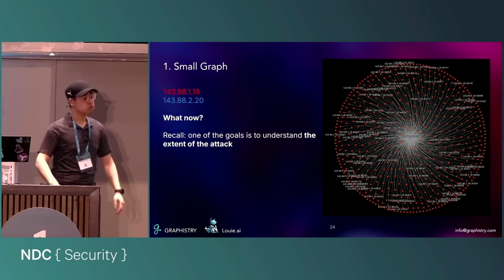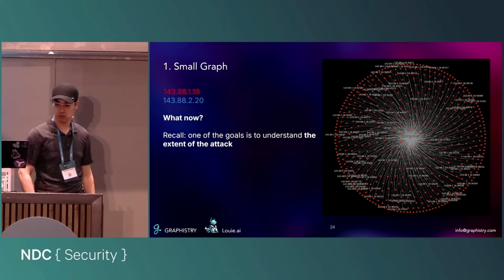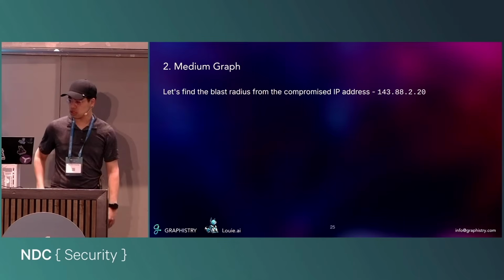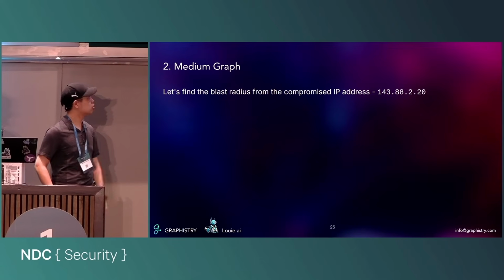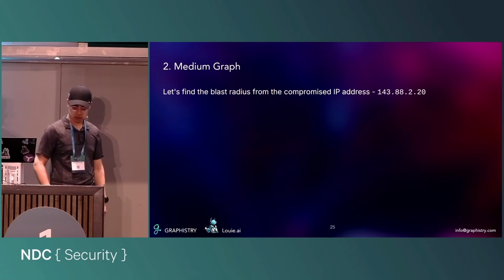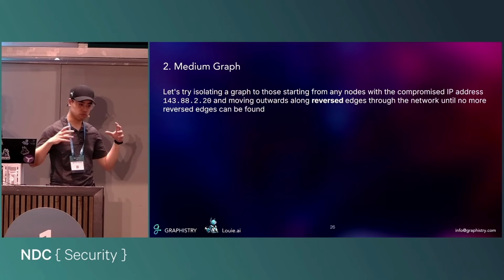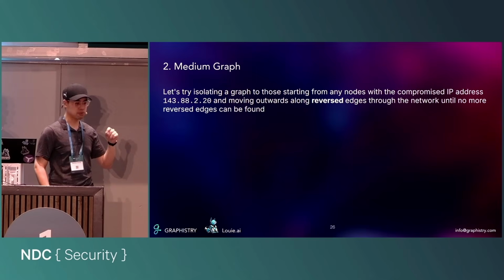So what now? We said that one of the goals is to understand the extent of the attack. One way we can do that is to find the blast radius from the compromised IP address, by isolating the graph starting from any nodes with the IP address of the compromised computer and then moving outwards.